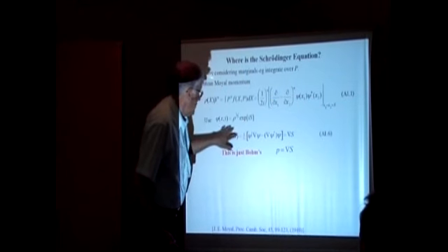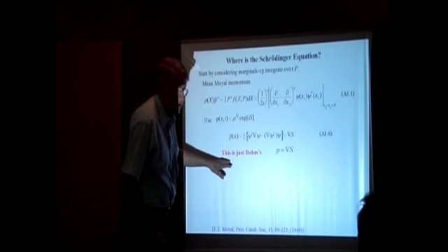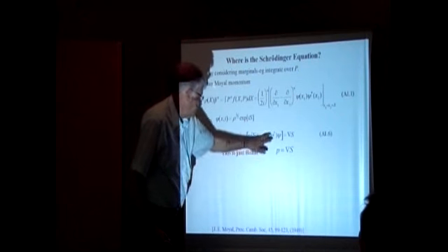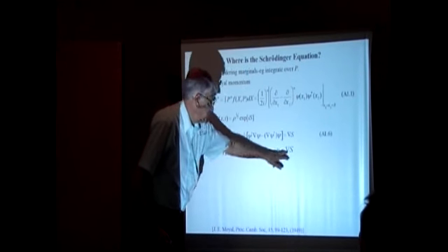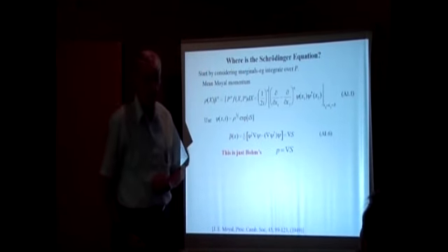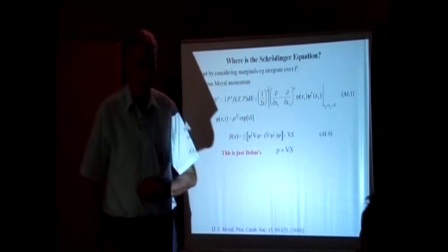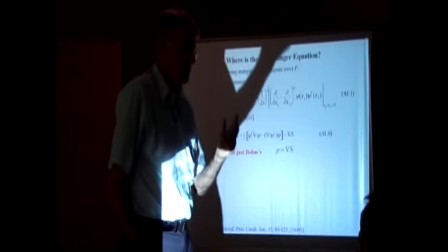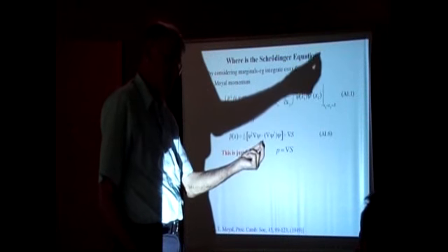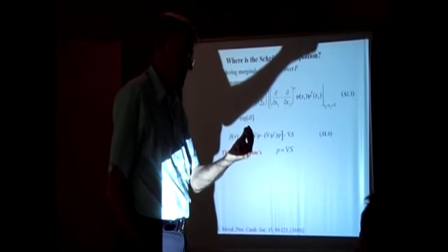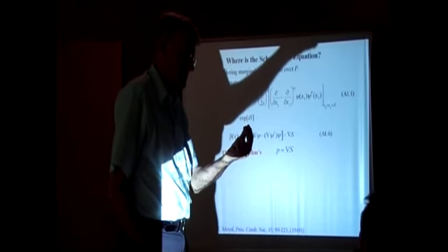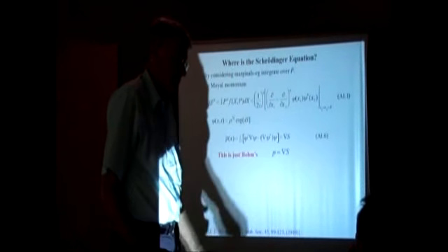Puts in the wave function, and what he finds is that this mean P is just Bohm's momentum. So the Bohm momentum, coming to it from this picture, is this marginal probability average. Which is not surprising because we're talking about averages.